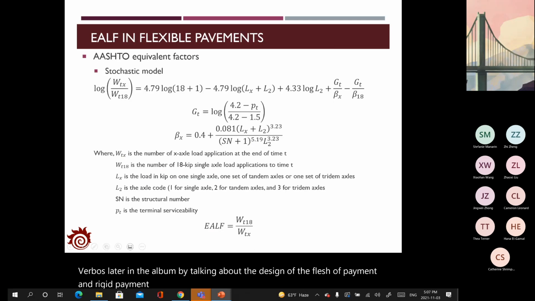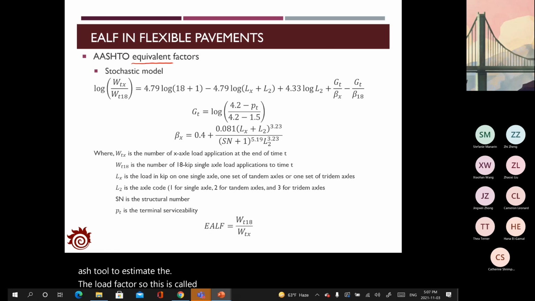Generally, we have one equation from the AASHTO to estimate the load factor. So this is called the AASHTO equivalent factor equation.